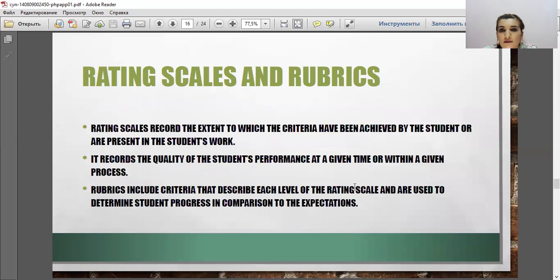So rating scales and rubrics. Rating scales record the extent to which the criteria have been achieved by the student or are present in the student's work. So it records the quality of the student's performance at a given time or within a given process. And rubrics include criteria that describe each level of the rating scale and are used to determine students' progress in comparison to the expectations.